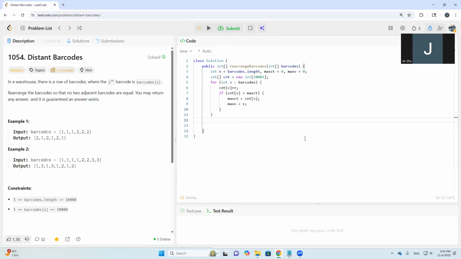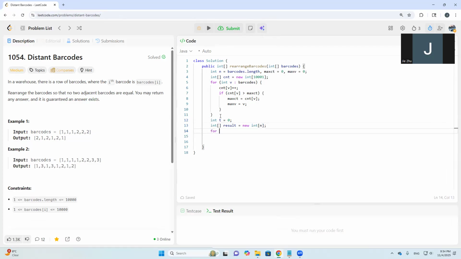As we talked about, it's guaranteed there is a solution, so we don't need to tell whether maxCount is smaller than (n plus 1) over 2. So we just write int t equals 0, and we need a result: int[] result equals new int[n].